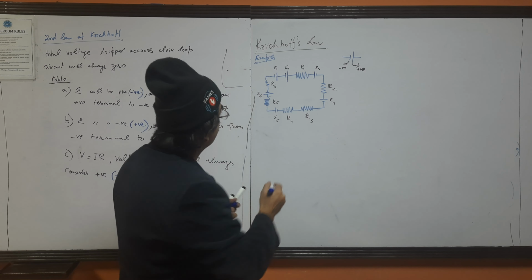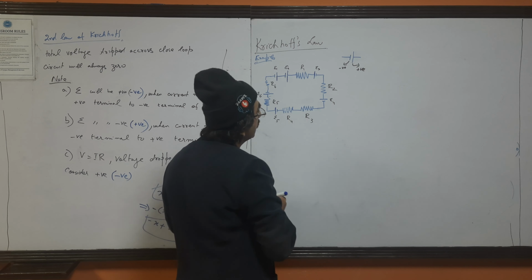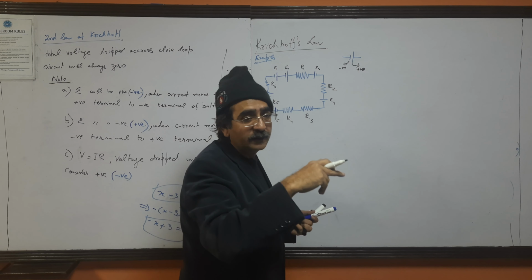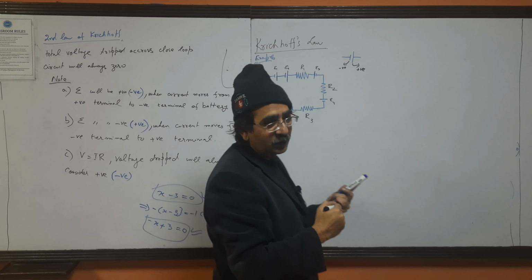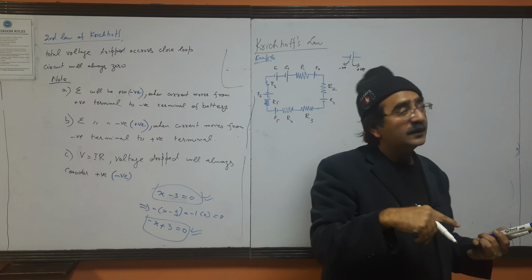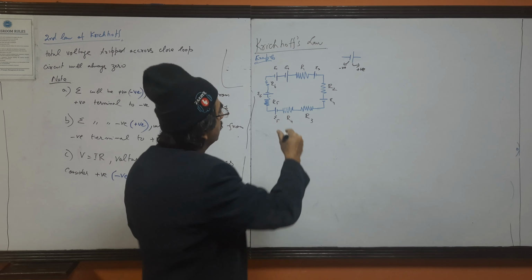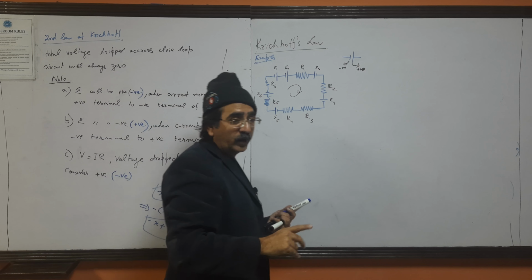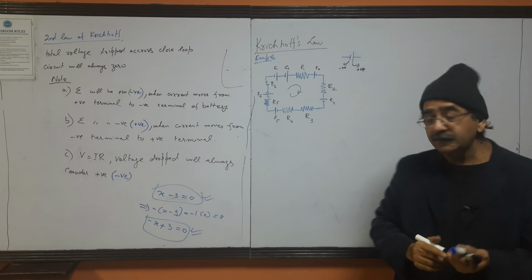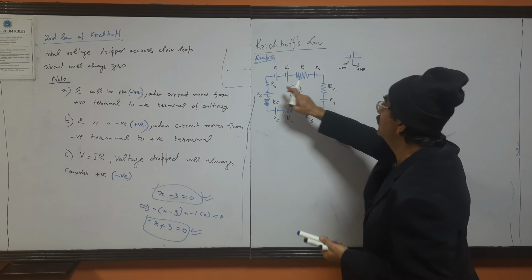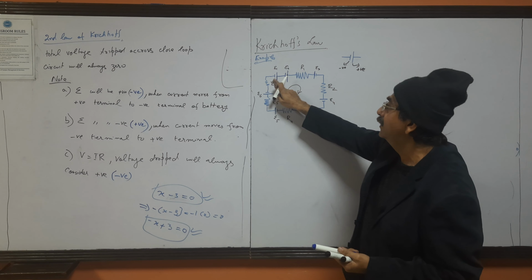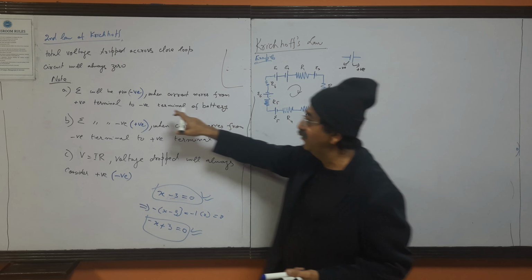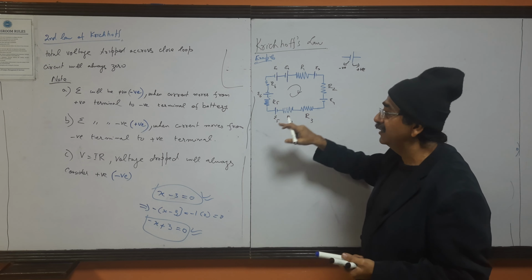So if we consider that current is anti-clockwise, you are interested in clockwise. Clockwise is like this. If we consider the current is clockwise, then we follow negative to positive.